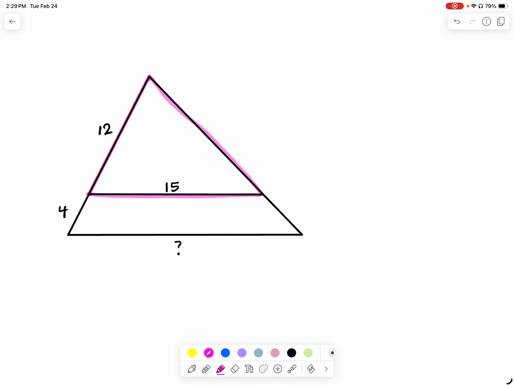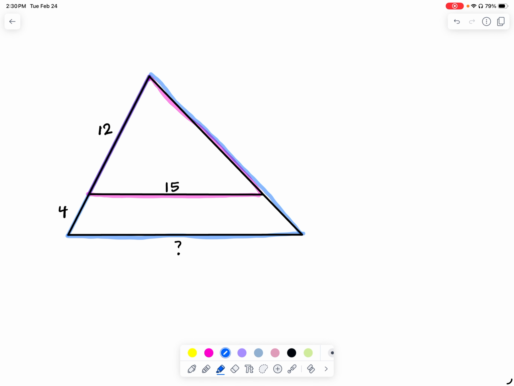And then we also have this large triangle. We'll outline around the edge here as best we can. And those are our two similar triangles.